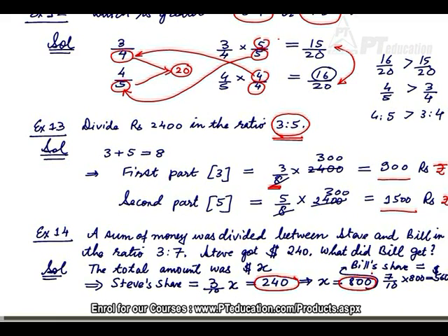So Bill's share now will be 7 by 10 of 800, which is $560. But actually you don't need to do the second multiplication because if you know 240 and if you know 800, subtract 240 from 800 to get 560 and the question can be solved. I hope that is very clear. So we now move on.